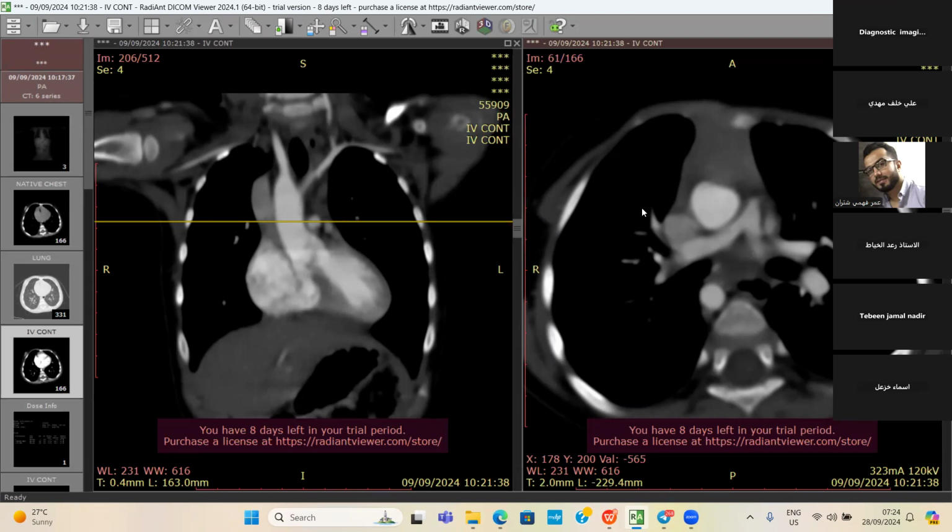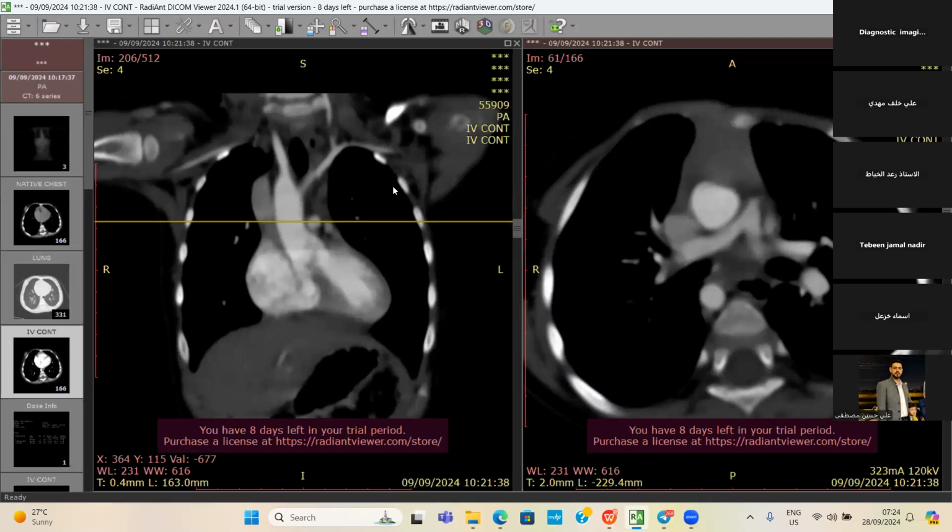That's why we see small pulmonary vasculature, because the pulmonary valve is dysfunctional, hypoplastic or abnormal. And four, later on you will have right ventricular hypertrophy, which may cause a right to left shunt and right-sided heart failure, as we saw in this case where we see reflux of contrast in the IVC.